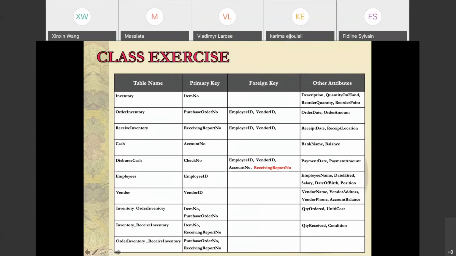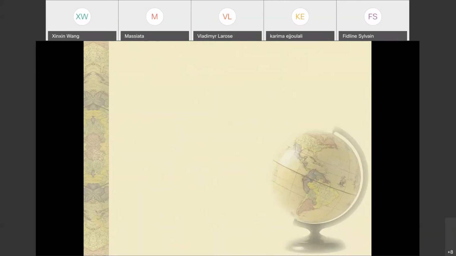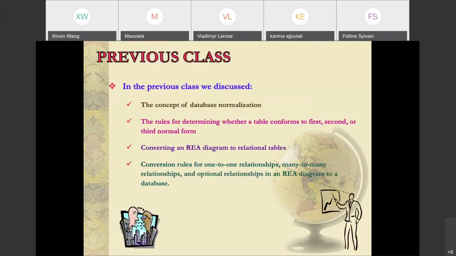So whether you include this receiving report number is very, very important. Okay, so this is the final table, right? As I said before, these 3 columns are important, and the last one is due to your understanding of the business process.